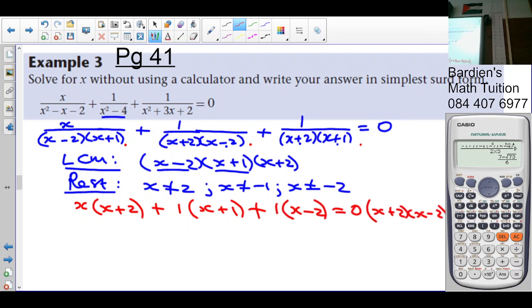Do we have to write that down? No, we know it's going to come to 0 anyway. Okay. Now what do we do?